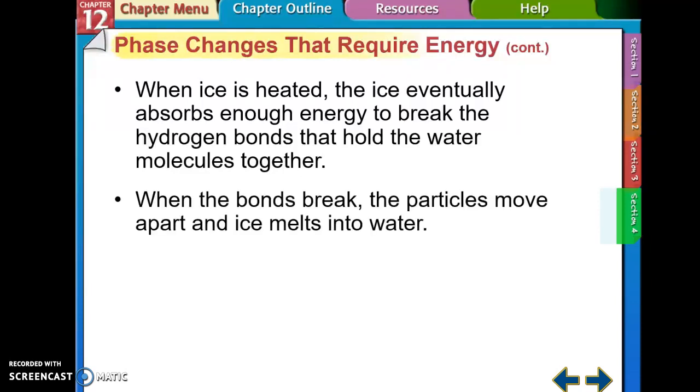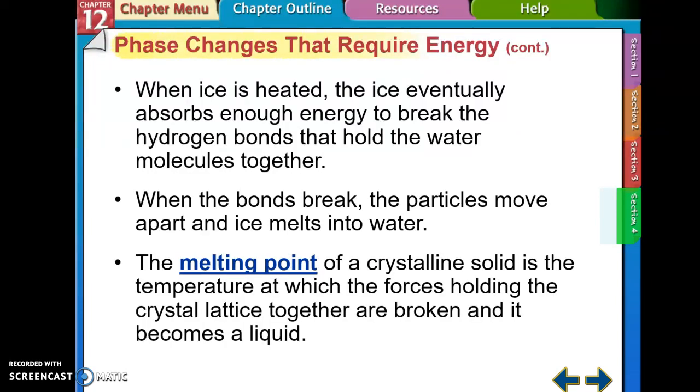When those bonds break, the particles move apart and the ice melts into water. So that's called the melting point. A solid absorbs energy, and then it has too much energy to hold, so the bonds break. The particles move apart.